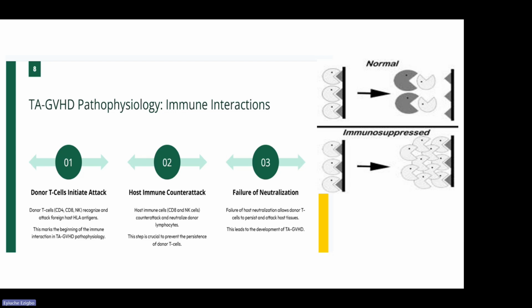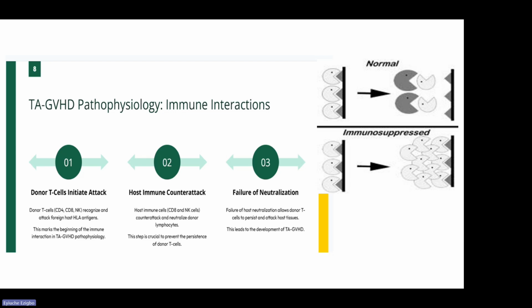Then the host immune counterattack: host immune cells, like CD8 and NK cells, counterattack and neutralize donor lymphocytes. That is the expected outcome. This step is crucial to prevent the persistence of donor T cells. But failure of host neutralization allows donor T cells to persist and attack host tissue.